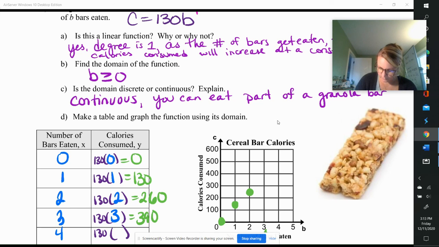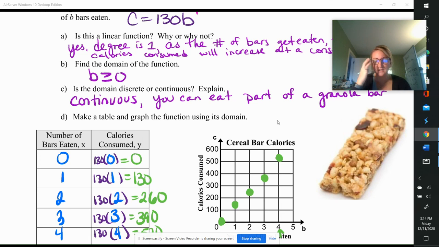So go to x equals 3, go up to y equals 390, just below 400. And lastly, let's say we eat 4 granola bars, which would result in 520 calories. So x equals 4, y equals 520.